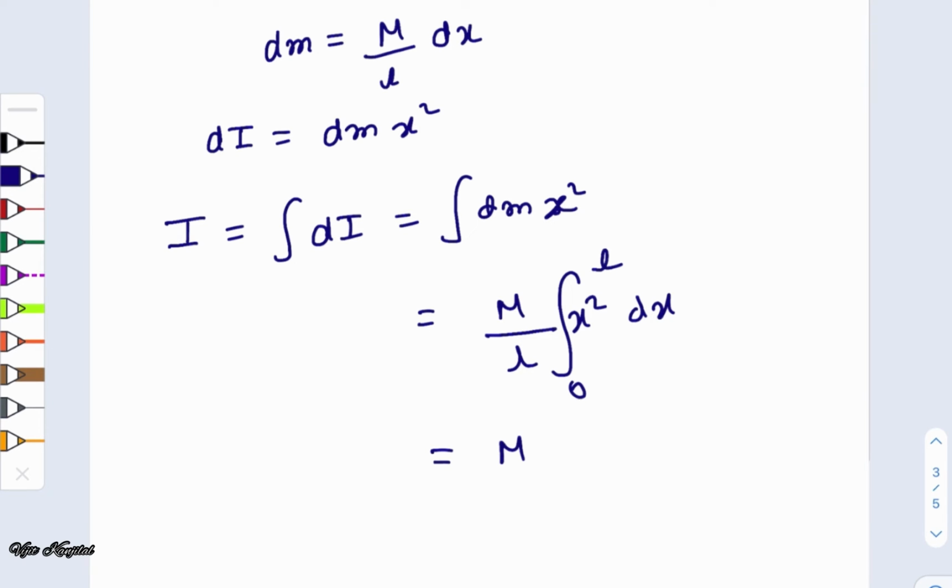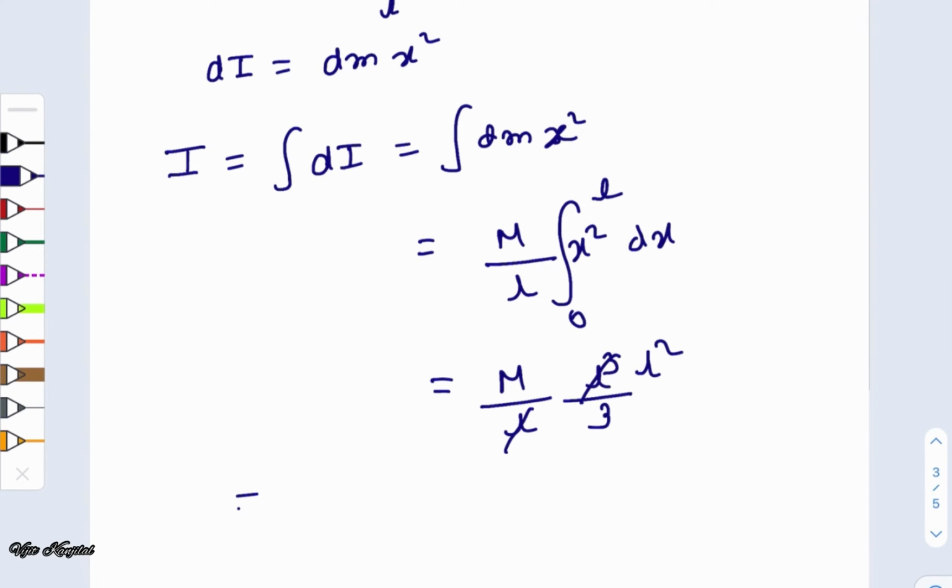It would be simply m by L times L cube by 3. So what do we obtain? The moment of inertia of this same rod with respect to the axis which is passing through its end is given as m L square by 3.